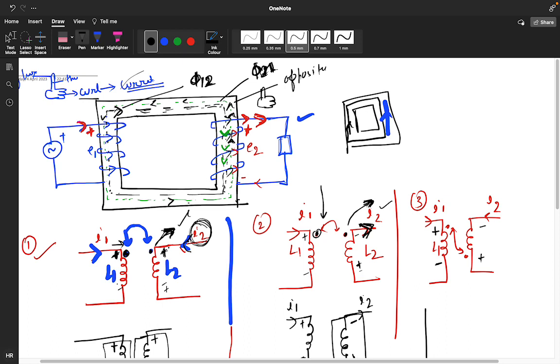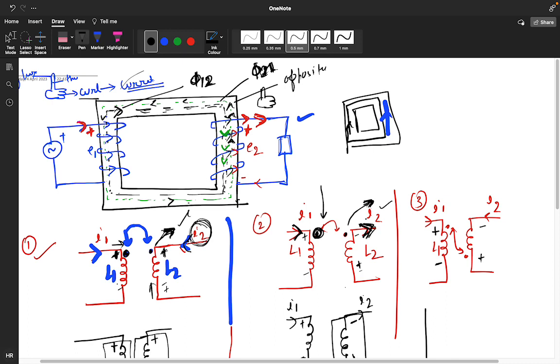Here current will enter in this, and see, this is your dot part. So current is entering into this particular terminal, and it will go and leave from this particular terminal.